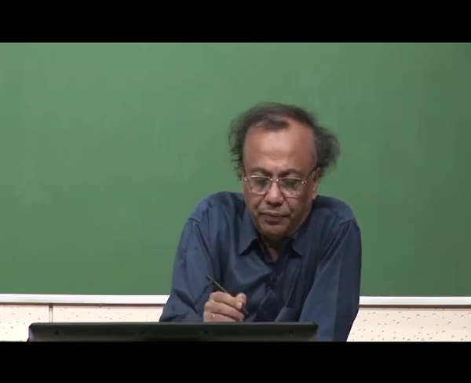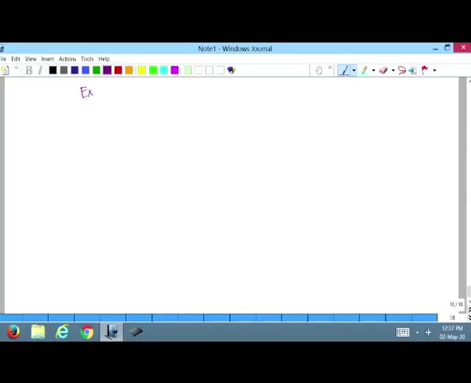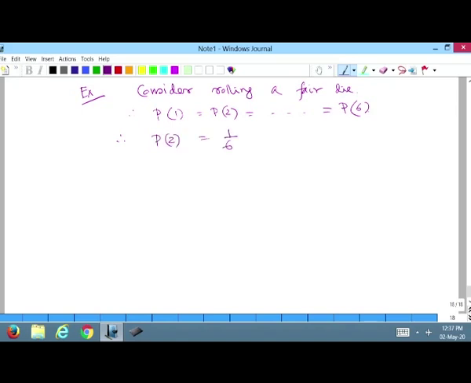So, to illustrate, consider rolling a fair die. Therefore, the probability of 1 is equal to the probability of 2 is equal to the probability of 6, each being 1 by 6. Therefore, the probability of 2 is equal to 1 by 6.